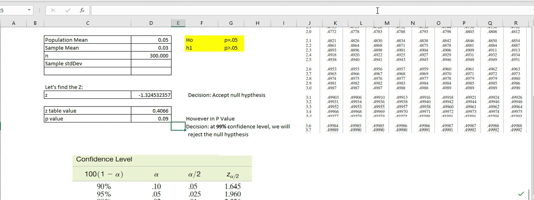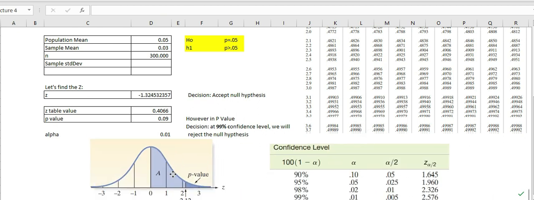Our target is 0.01, that's our alpha for 99%. So the p-value is more than our alpha, then we will reject. And just by looking at the z-value, we accepted the null hypothesis because it's within the range of the values we get here.